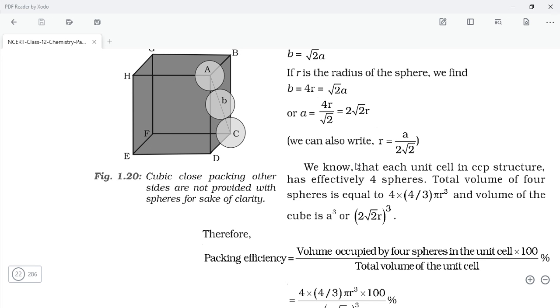You might imagine how you can just take 4 spheres volume. Volume occupied by 4 spheres in the unit cell into 100 upon total volume of the unit cell. So the packing efficiency, physically understanding, is how tight the structure is, how tightly packed the structure of the solid is. How will you find that?